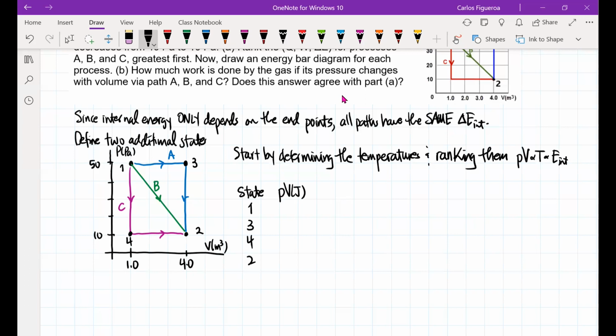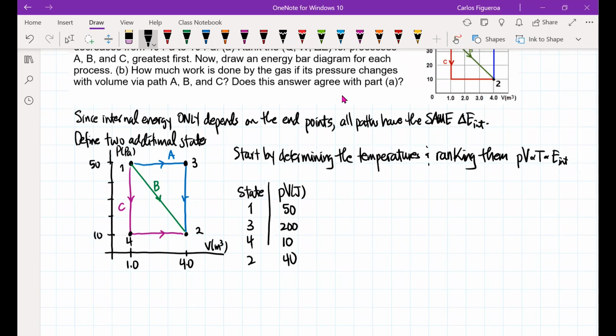So if I look at 1, it's going to be 10 times 5, so that's going to give me 50 joules. If I look at 3, it's going to be 50 times 4, which should give me 200. And then if I look at 4, it's going to be 1 times 10, so that's going to give me 10, and then I'm going to have 10 times 4, which is going to give me 40.